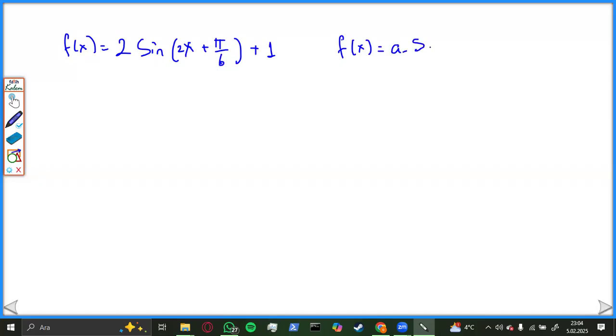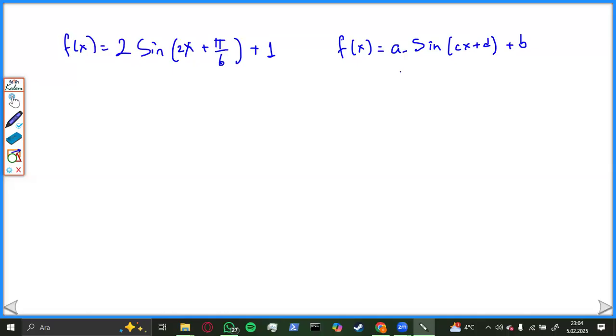For instance, in addition to amplitude and period, let's put an angle inside the sine. So in general we can say a times sine or cosine of c times x plus b, plus d.